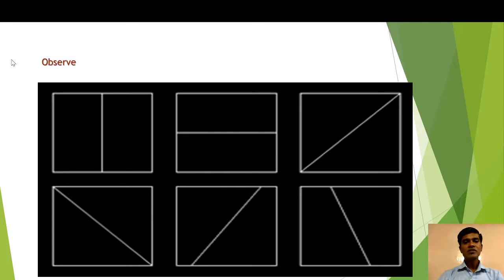Again observe some quadrilaterals. We can see these quadrilaterals, all of these quadrilaterals are also divided or cut into two equal parts. So what is cutting or dividing into two equal parts is nothing but bisecting.